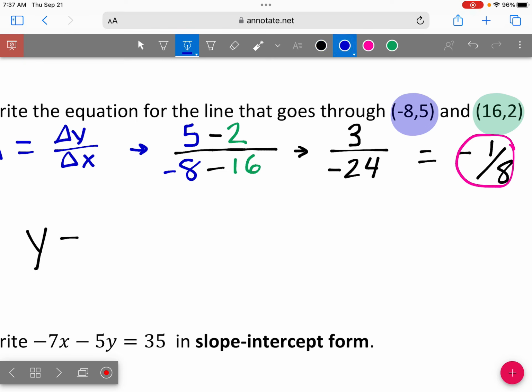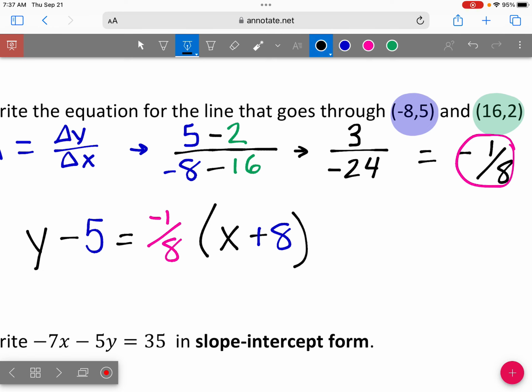Y minus the y value from one of our points, which is 5, equals our slope of -1/8 x minus the x value from our point, plus 8. Minus -8 becomes plus 8.